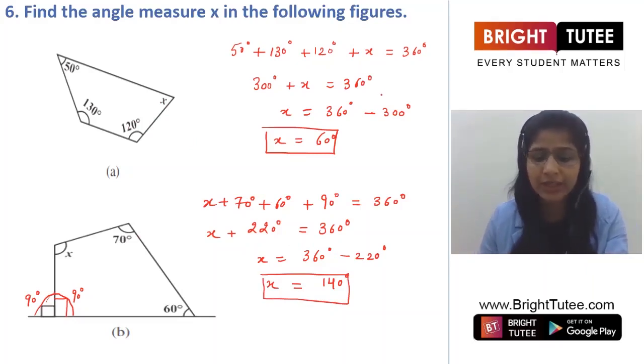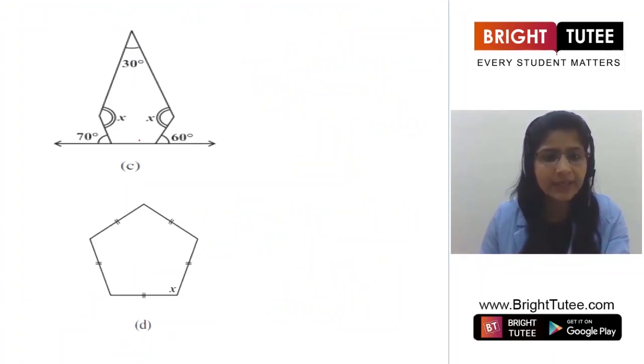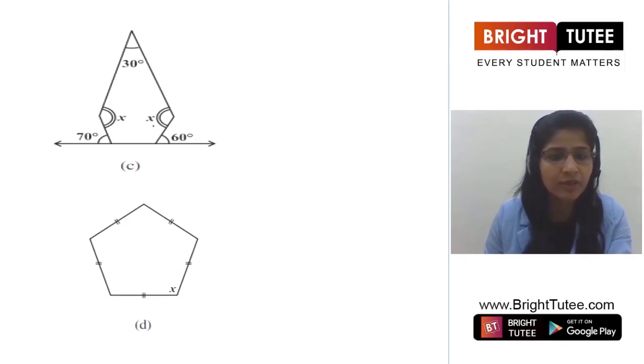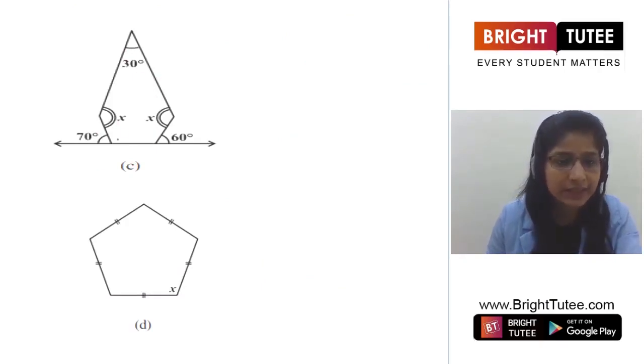Let us go to the next part, which is C. In it we have to find the measurement of x. We see that this angle is given as 30 degrees. What about this angle? This is 70 degrees. We know the total sum will be 180 degrees. So if this much is 70 degrees, this will be 110 degrees.